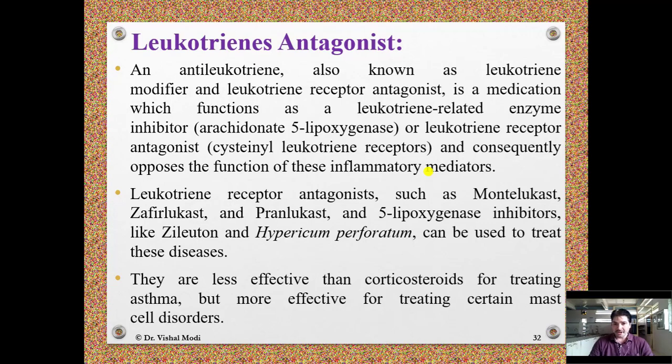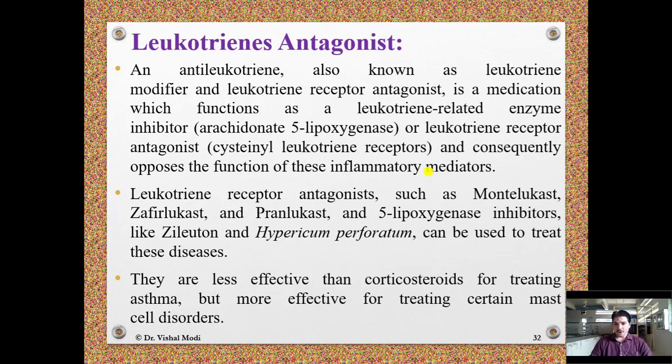The enzyme is arachidonate 5-lipoxygenase, or it is a leukotriene receptor antagonist, and the receptor is the cysteine leukotriene receptor, and consequently opposes the function of these inflammatory mediators. Leukotriene receptor antagonists such as montelukast, zafirlukast, pranlukast and 5-lipoxygenase inhibitors like zileuton and Hypericum perforatum can be used to treat this disease.